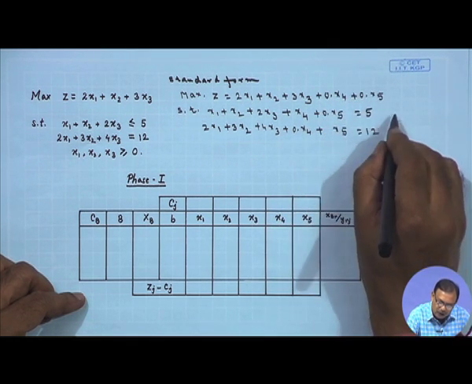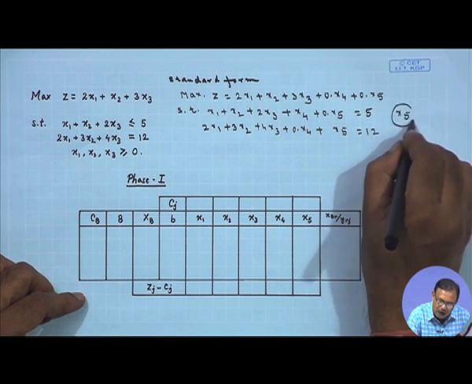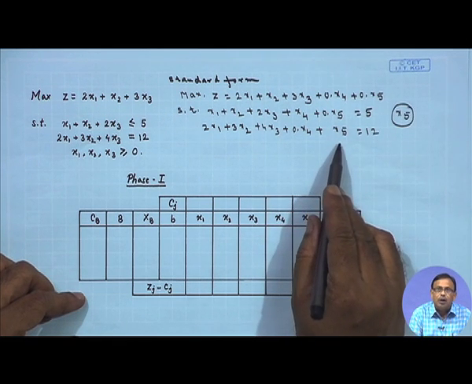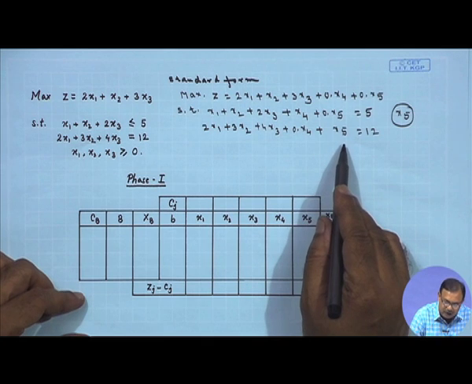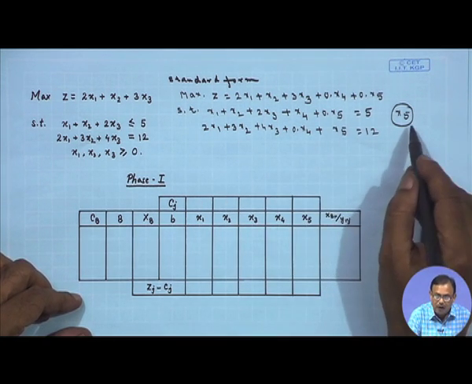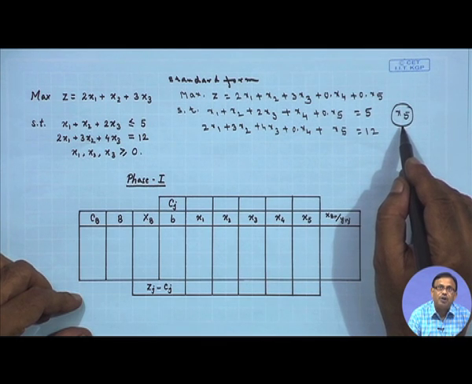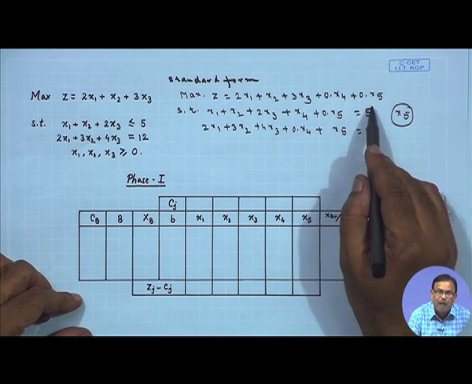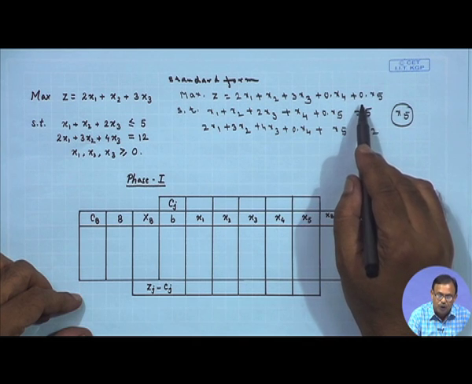Please note that here x5 is the artificial variable, just to get the initial basic solution for this particular set of constraints. Although x5 is the artificial variable, you have added only a 0 coefficient.